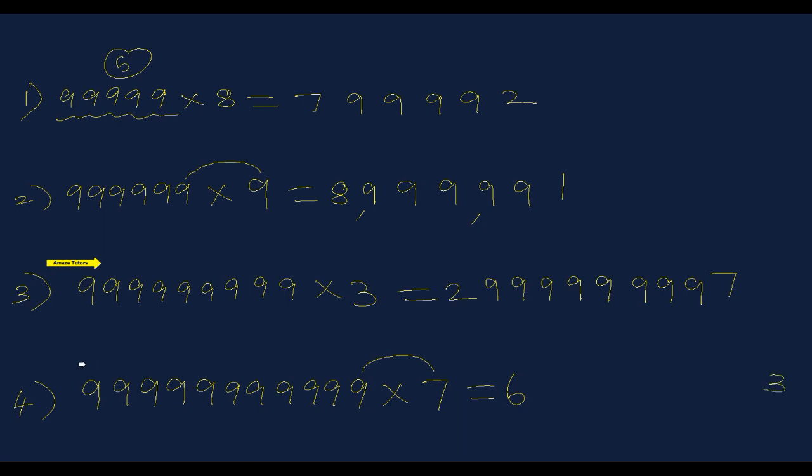How many 9s? 1, 2, 3, 4, 5, 6, 7, 8, 9, 10, 11. So I should add 10 9s in the middle. 1, 2, 3, 4, 5, 6, 7, 8, 9, 10. Such a big number we got within 1 or 2 seconds. I hope you understood this trick and find it really easy and simple.